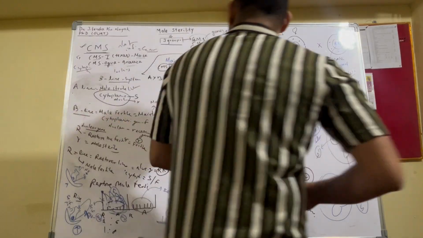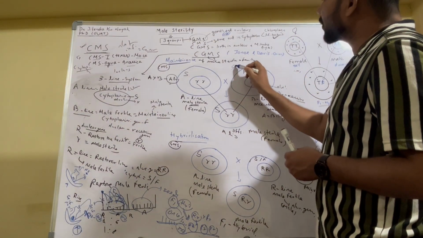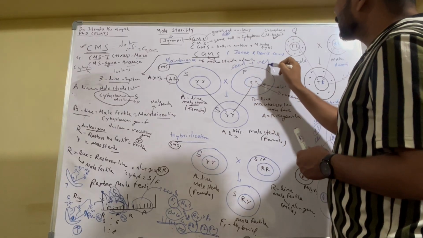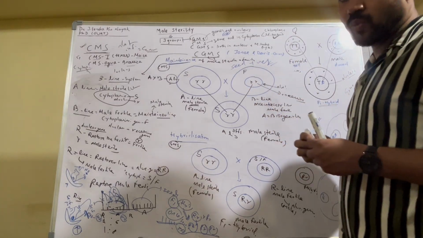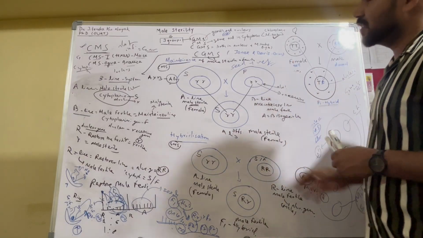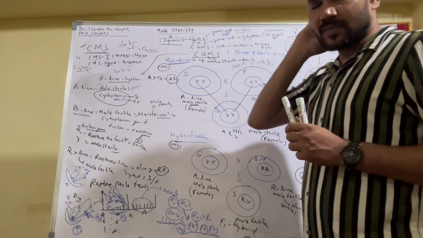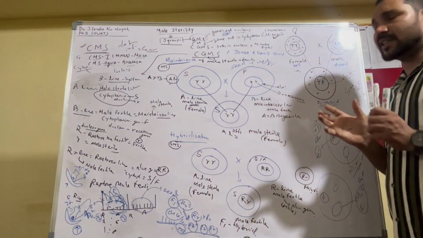Okay. So the CGMS line is mostly used for seed production, as well as for crops where the economic part is vegetative. But the CMS line, as we have told you, is used only for crops whose economic part is vegetative.